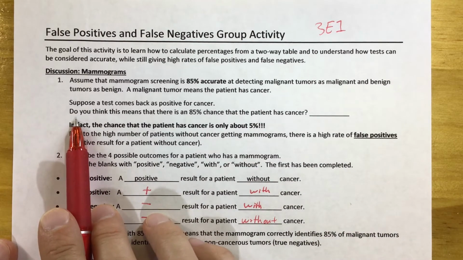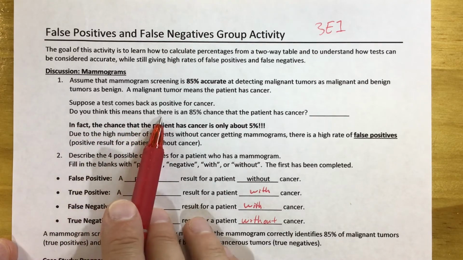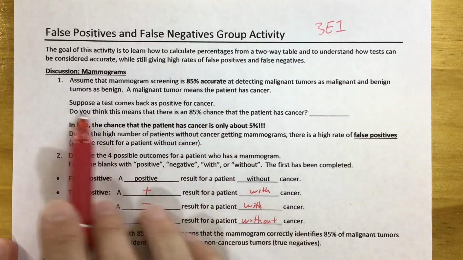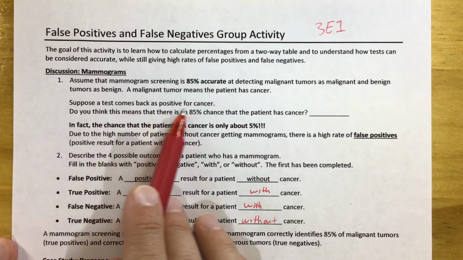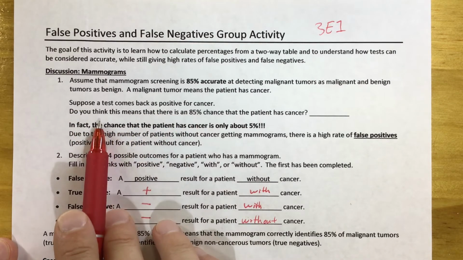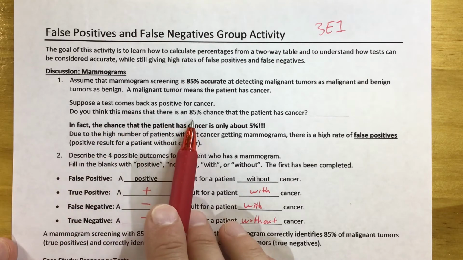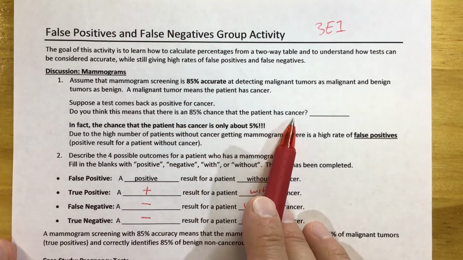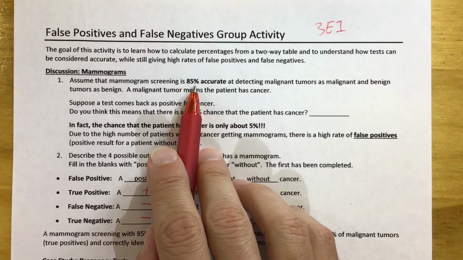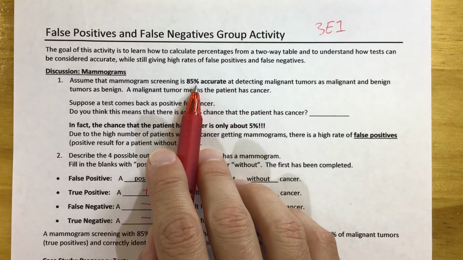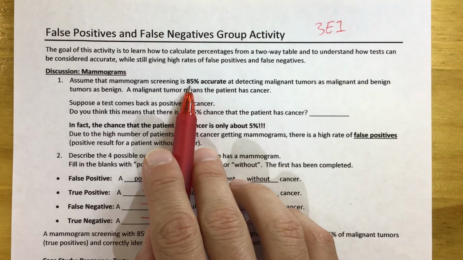We pose this question to you. Do you think that this means that there's an 85% chance, so I should read this piece first. Suppose that a test comes back with a positive for cancer. Do you think that this means that there's an 85% chance that the patient has cancer? Well, yeah, that's probably what we would think because of the way that the information is presented to us in this simple manner, that the tests seem fairly accurate, right? 85% out of 100.